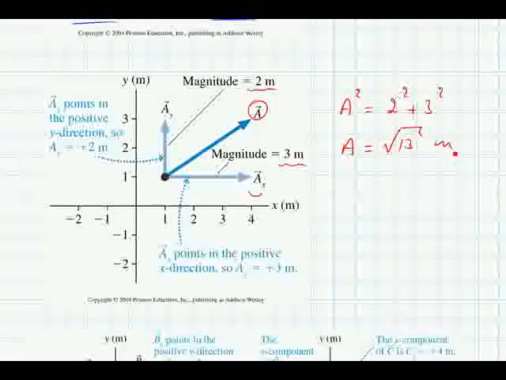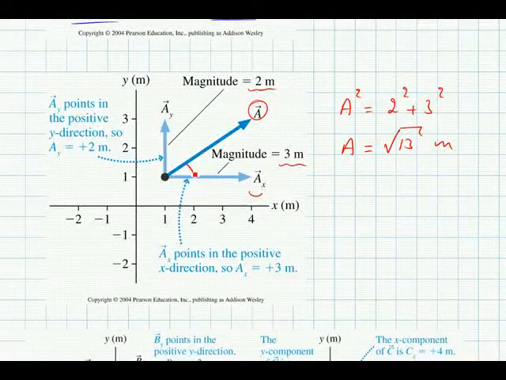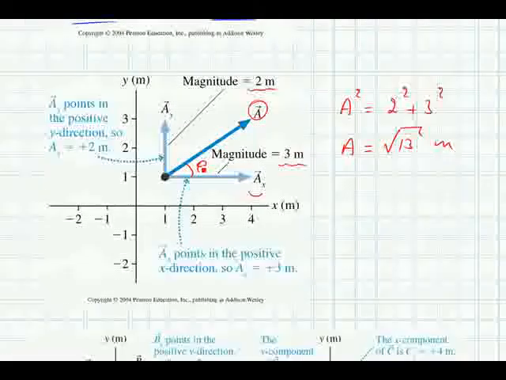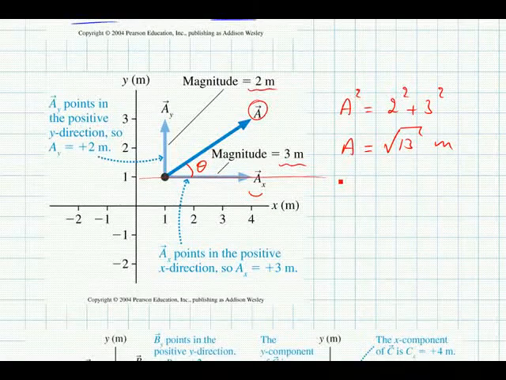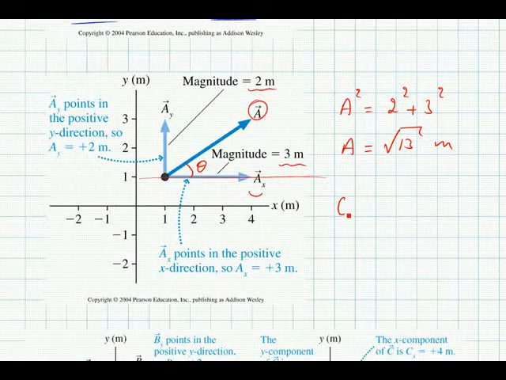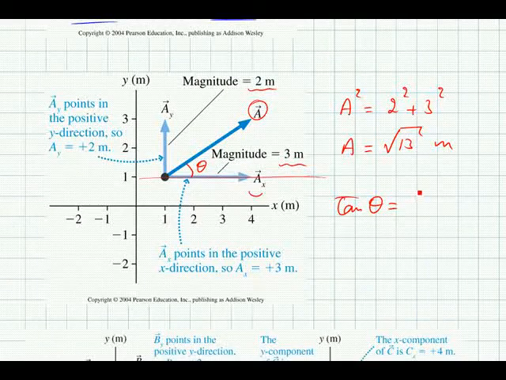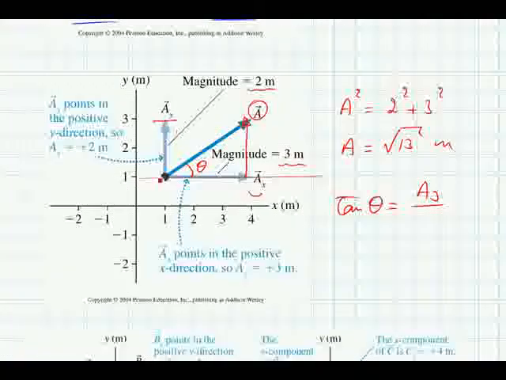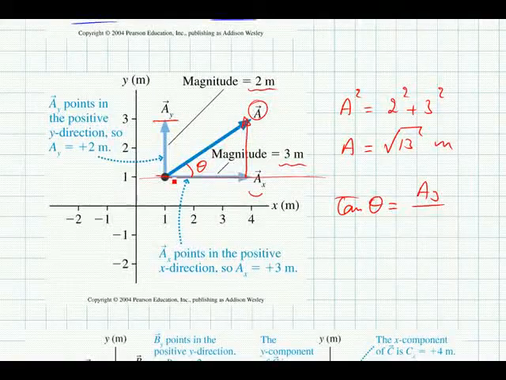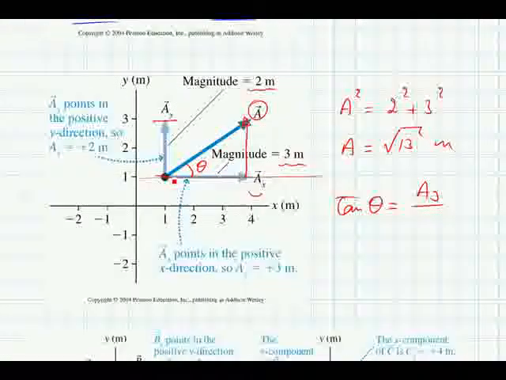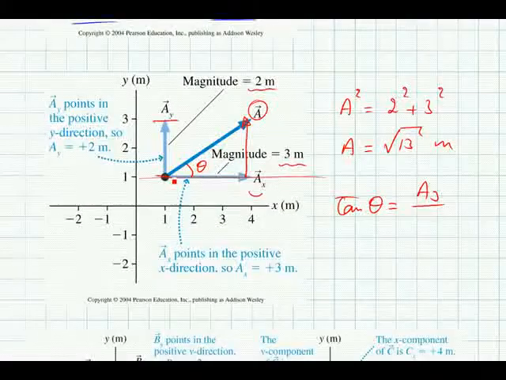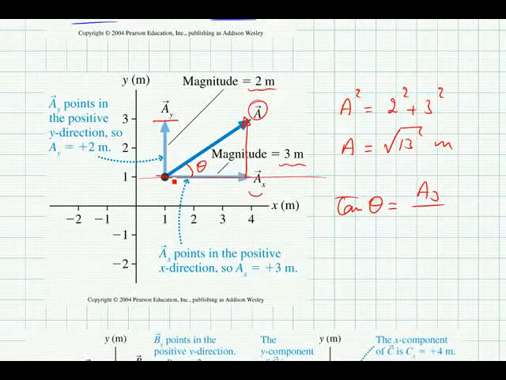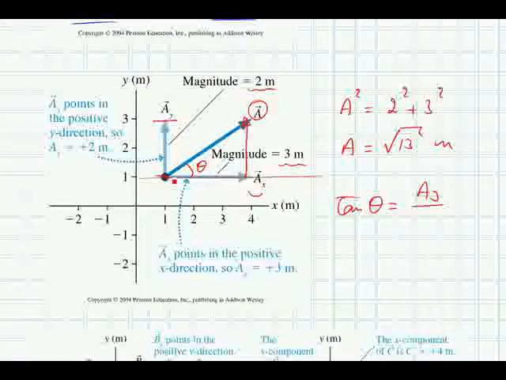And if you are interested in finding the angle that A makes with respect to the positive x-axis, remember ax is parallel to the x-axis, then we know that tan theta is equal to ay, which is the opposite side, this side here, since this vector here is identical to that vector. Recall that I'd mentioned that you can transfer a vector in space from one location to another, so long as you change neither its magnitude nor its direction.